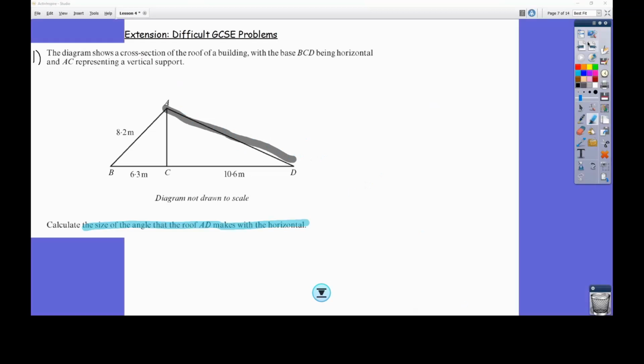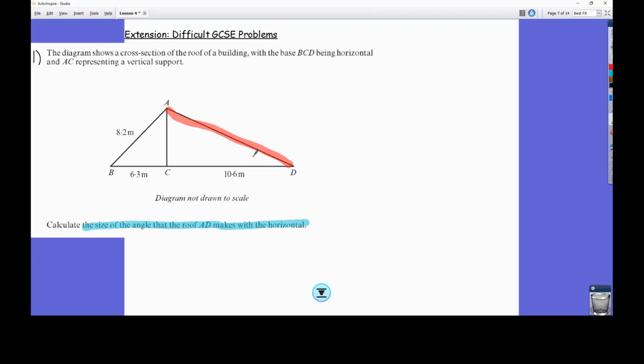There you go, now I can see better. So the angle AD makes with the horizontal, so AD is here and the roof is going to be there. So we could call that theta. So we want to work out that angle.